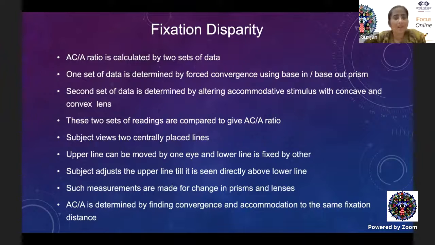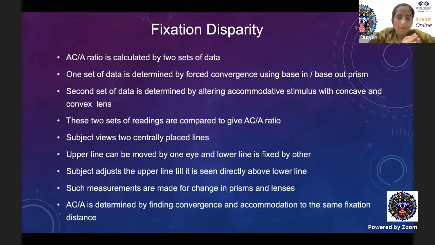Coming to the next method, which is the fixation disparity method. Here, the AC/A ratio is calculated from two sets of data, where one set is determined by forced convergence using base-in or base-out prisms, and the second set is determined by altering the accommodative stimulus with a concave or convex lens.